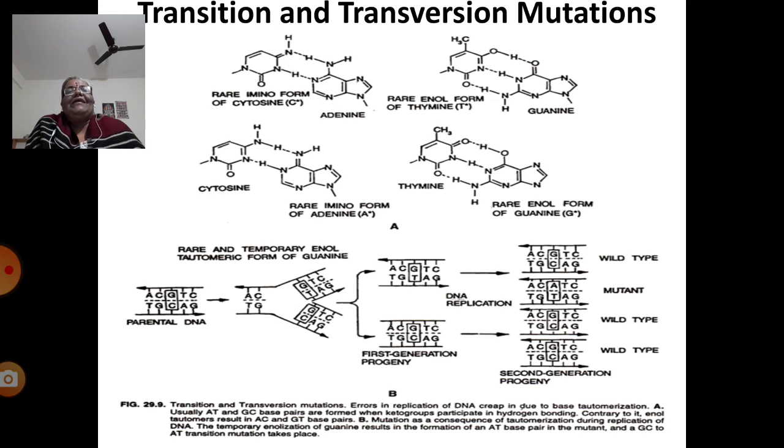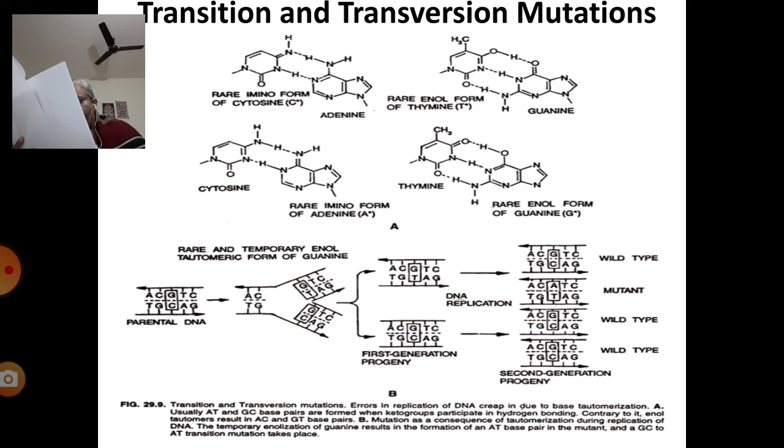What exactly happens at the molecular level in case of transition and transversion mutations? What happens here is errors in replication of DNA creep in due to base tautomerization.